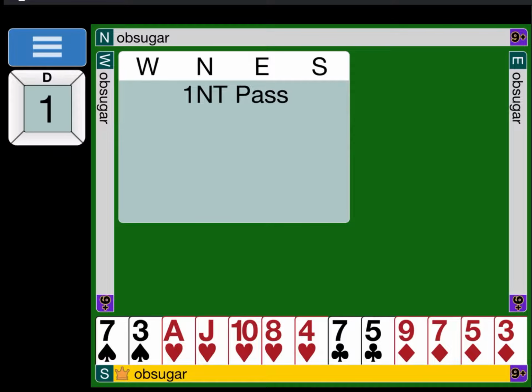Yeah, we're going to bid our suit. Absolutely. That's kind of the point. At the same time, we would do, well, for heaven's sake, what's going on there? That's a little scary.